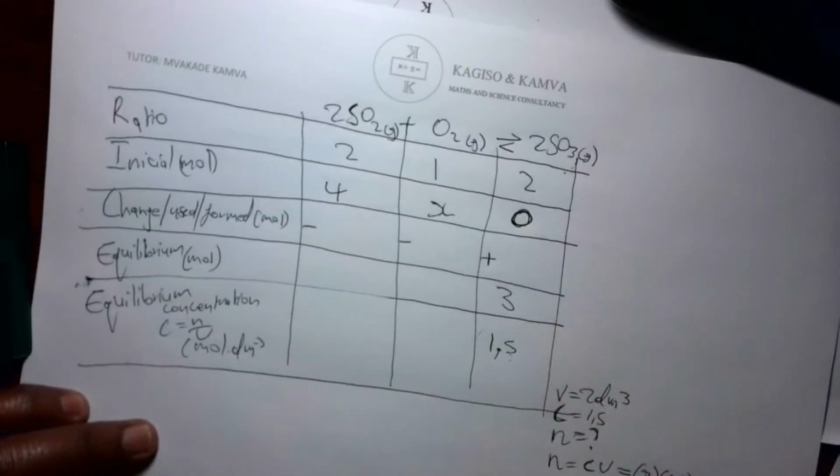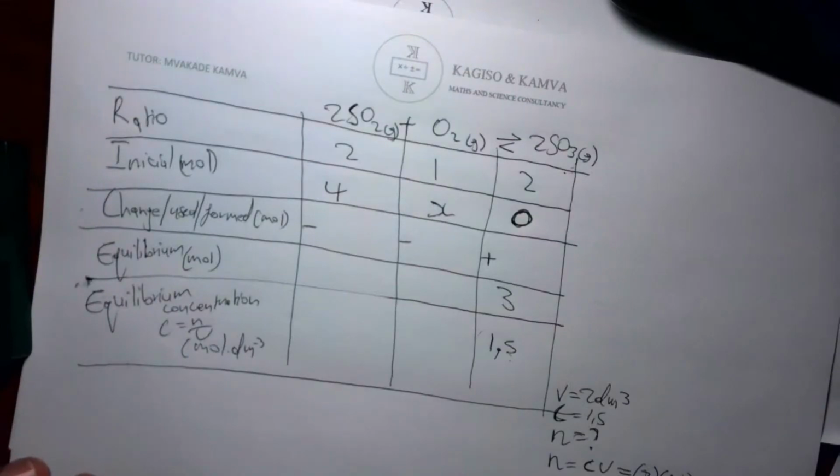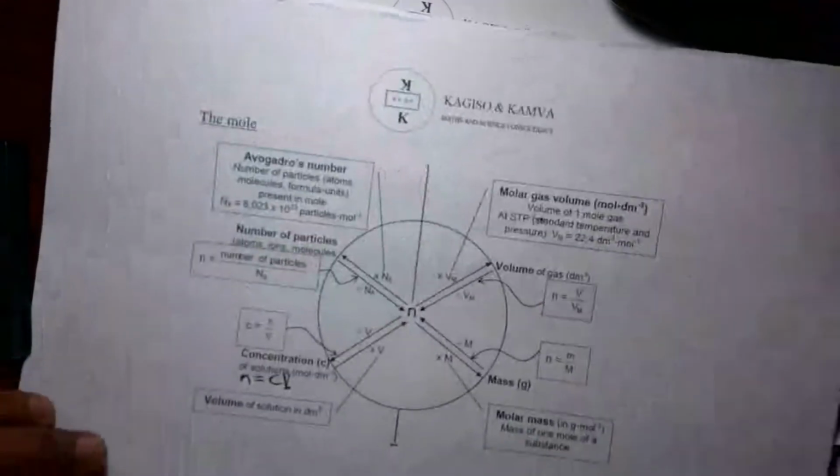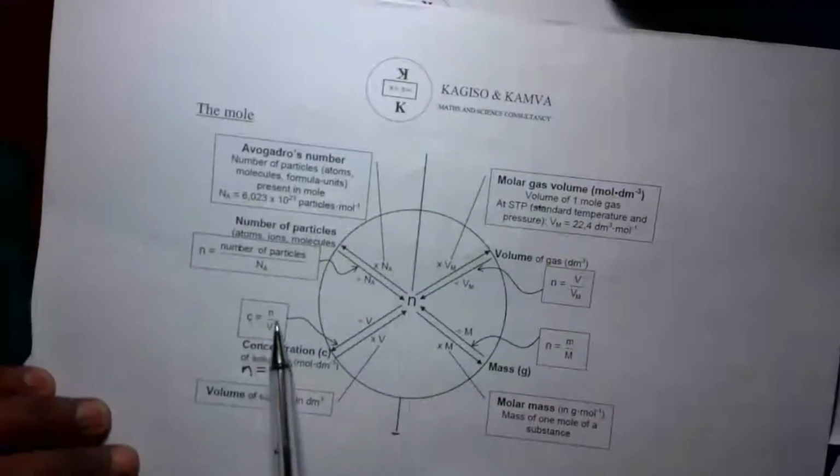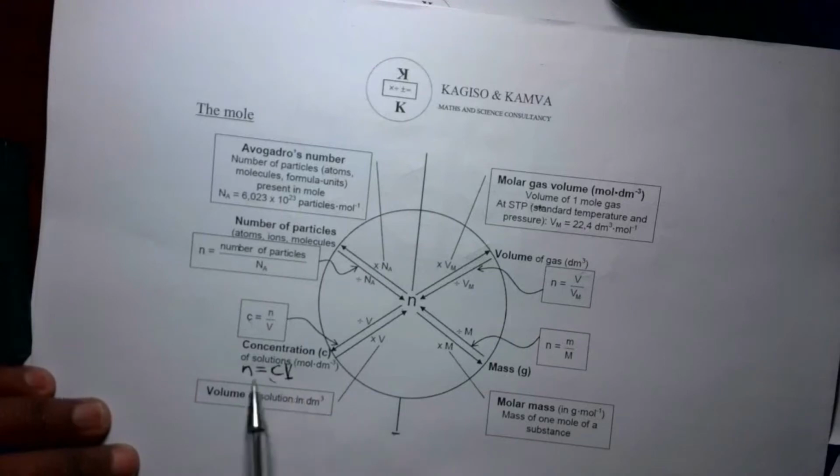At the beginning of this lesson I did mention that it's not always the case that we are going to have the values in moles. Sometimes it will give us concentration and volume, and we'll have to find the number of moles using N equals CV. So this is the case.